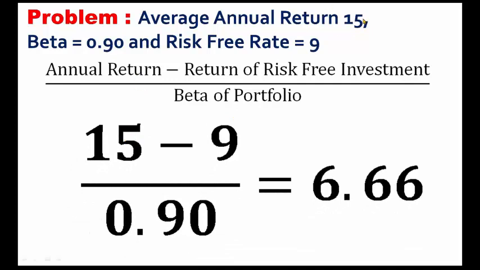Average annual return 15, return of risk-free investment 9 divided by beta of portfolio 0.90 is equal to 6.66. What is the result? 6.66. This is the result of the mutual fund as per the Treynor ratio.